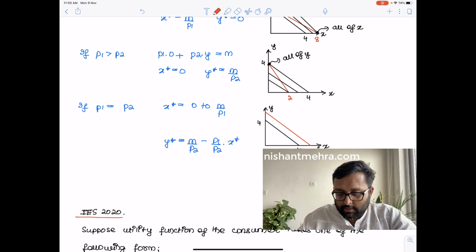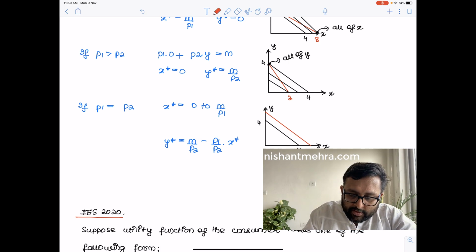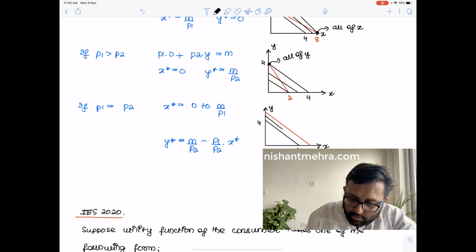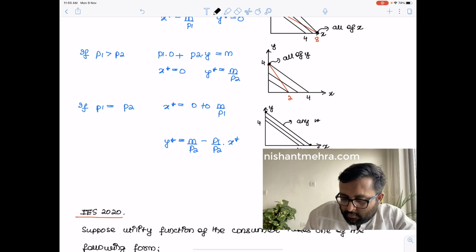You'll ask yourself, what is the highest indifference curve? Is this the highest one? No. Is this the highest one? No. This one is the highest one. You can consume anywhere from this point to this point. Anywhere, right, on the budget line.